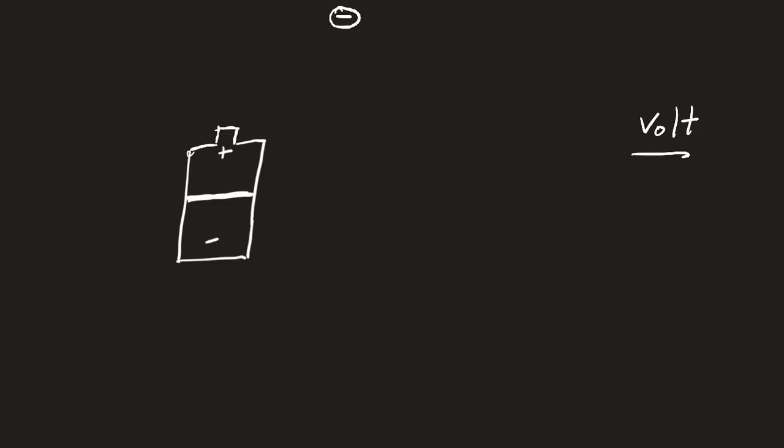It doesn't allow the two to mix. So on one side it's positive, and on the other side it's negative. Do you see that? So we have poles, right? Negative and positive pole. Correct?